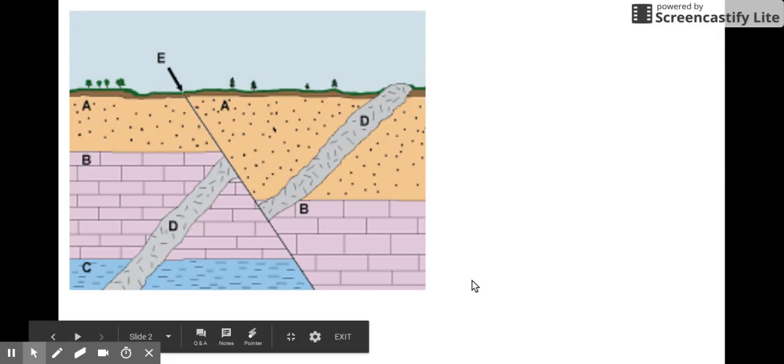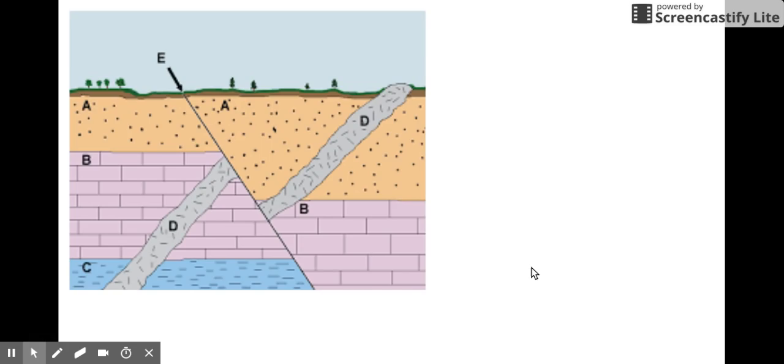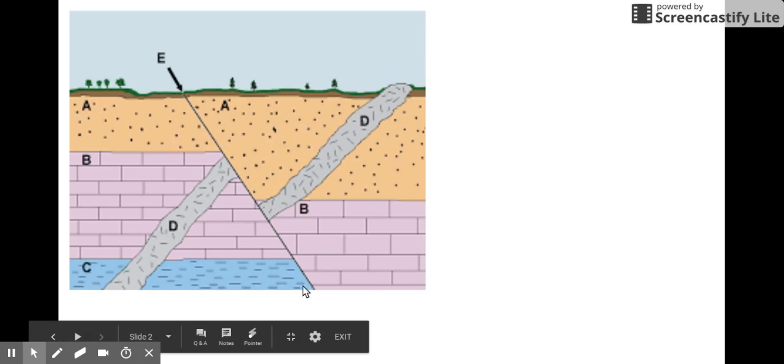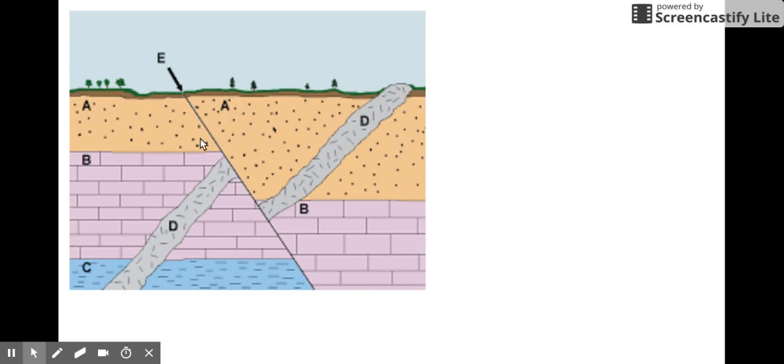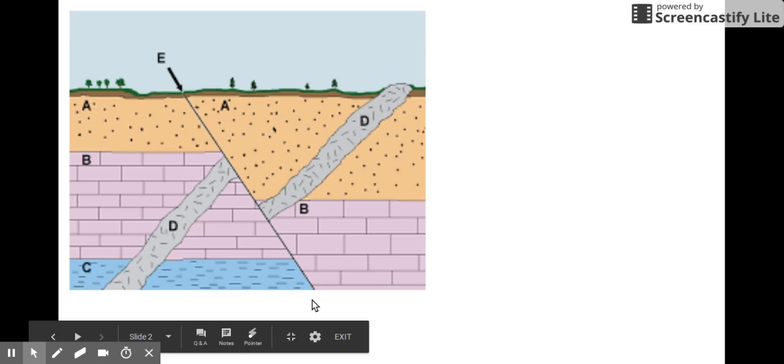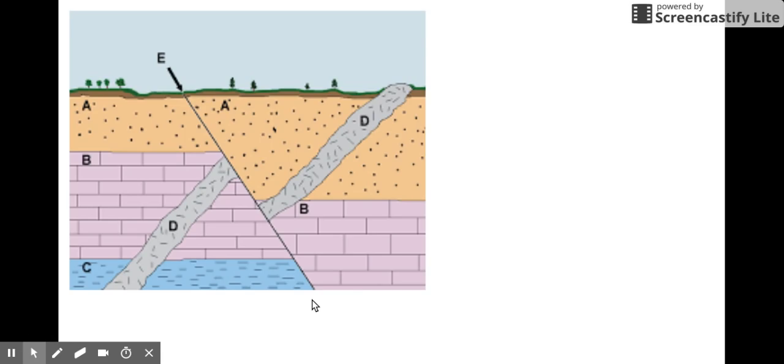So to solve this one, think about what layer's on the bottom, what layer's the oldest. Then go from there. What's on top of that layer and what's on top of that layer. Okay, this one does have a fault. E is a fault. And look at your notes there because I gave you a hint about a fault. Always think about a knife and a cake.